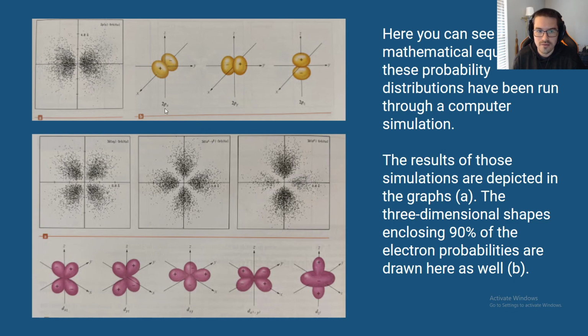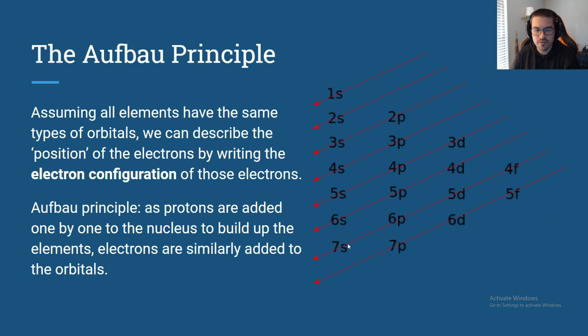Okay, and like I said, the shapes in particular are not super important right at this moment, but they will become a bit more important as we talk about chemical bonding later in the semester. So let's really talk about what it is we are supposed to be accomplishing with this topic, right?